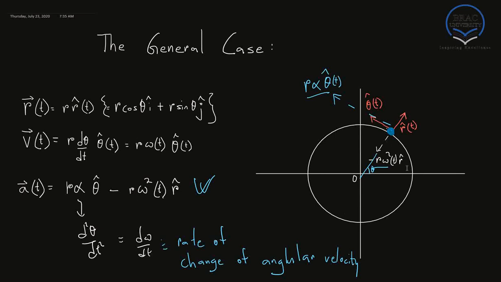Of course, also understand that omega square(t) could be a function of time, right? The centripetal acceleration could be changing with time. In fact, it should be changing with time if alpha is not equal to 0, because alpha is just d omega by dt. If alpha is a non-zero thing, then this centripetal acceleration must be changing with time, right? So let's write down a short summary of everything that's important.